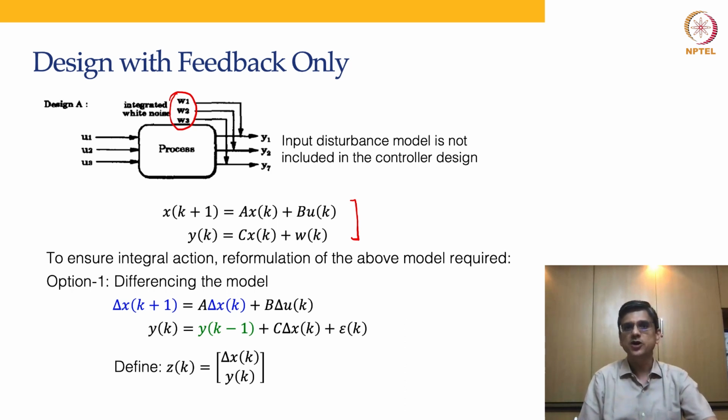The second thing is, because these outputs are also measured outputs, W1, W2, W3 will also be observable from these measured outputs. Okay, so this was one of the criteria that we had discussed in the previous 3 lectures earlier in order to get offset free control.